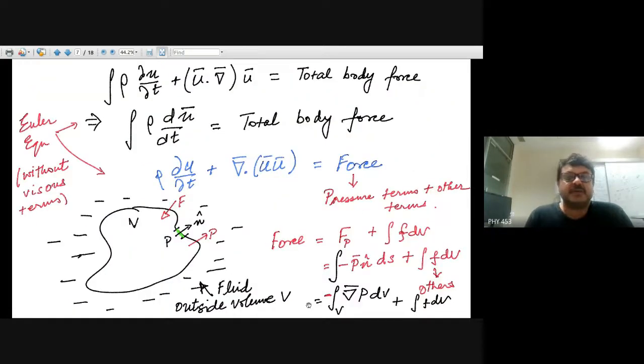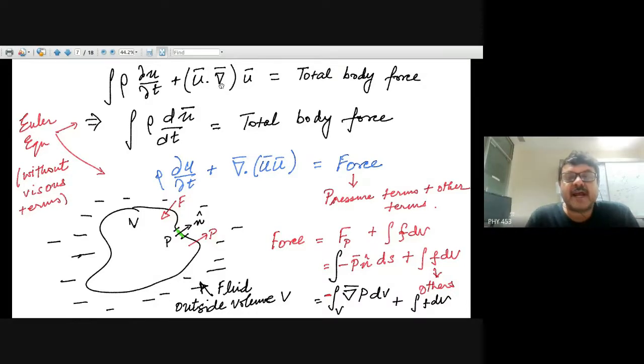So when you write this as a dot product, this will be rho del u/del t plus u dot grad acting on u, and that is equal to the total body force. Of course, there has to be a dV here.